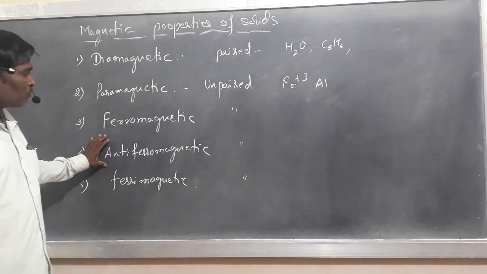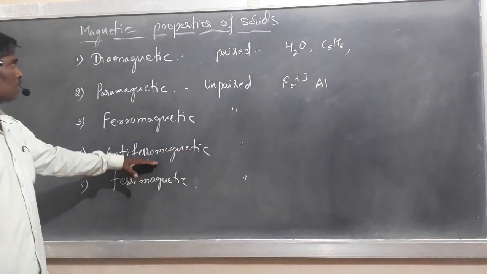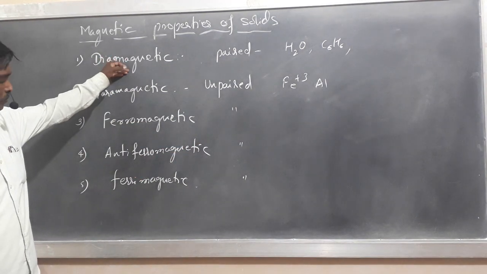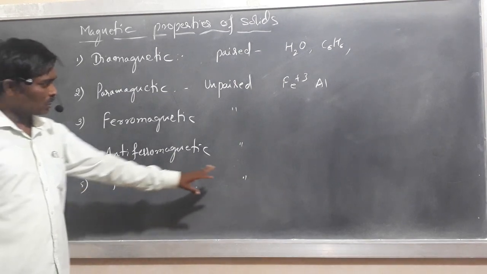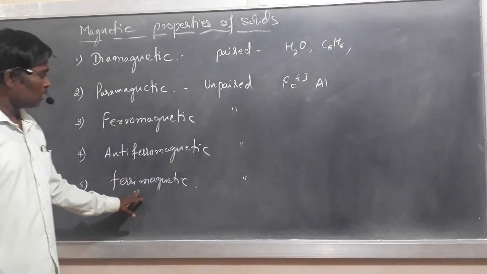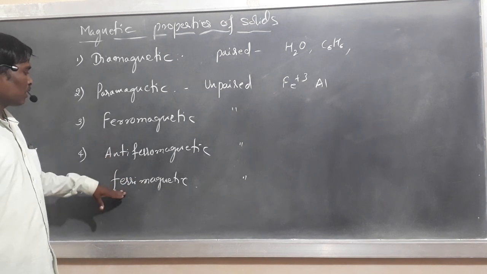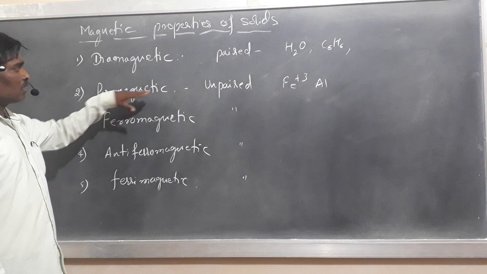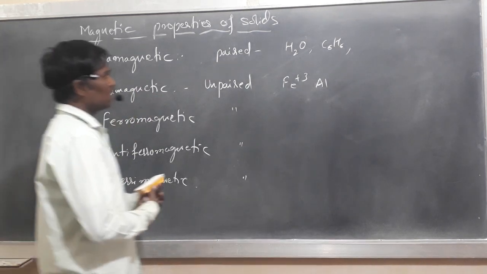Whereas antiferromagnetic substances also contain unpaired electrons, but they behave like diamagnetic. Whereas ferrimagnetic substances, even though they contain unpaired electrons, show a suppressed magnetic moment. Its magnetic moment is less than that of paramagnetic substances. Okay, let me explain why there is a difference.